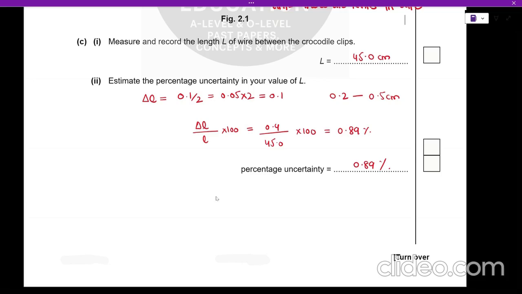We take the absolute uncertainty between the range of 0.2 to 0.5 centimeter. But I would suggest that 0.3 and 0.4 are much safer values, so take them as your absolute uncertainty. So 0.5 divided by 45 into 100 is equal to 0.89% percentage uncertainty in the value of L.